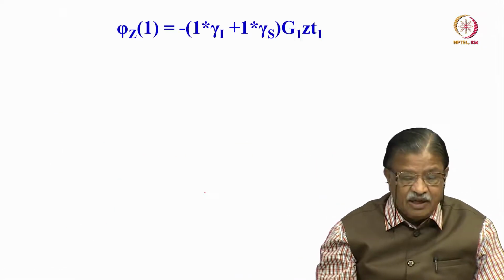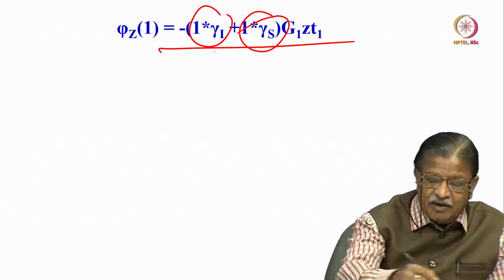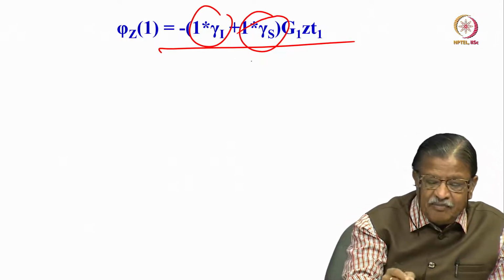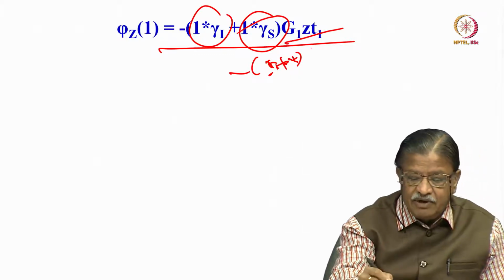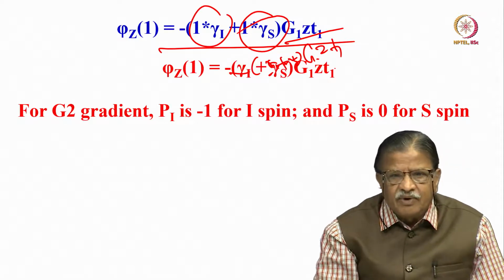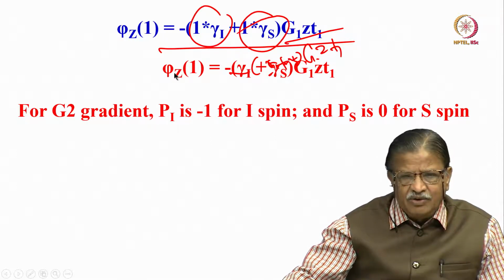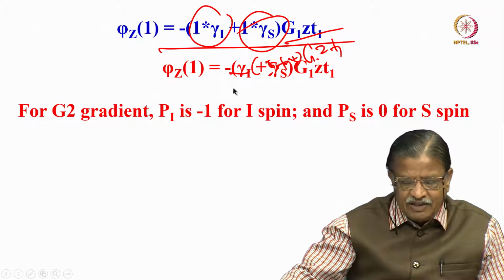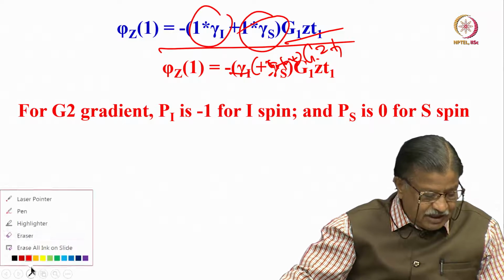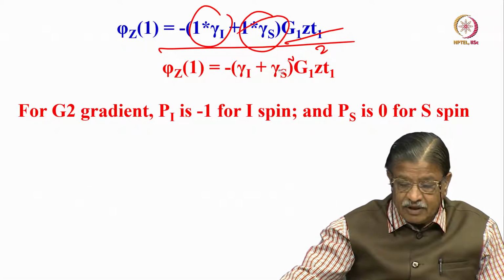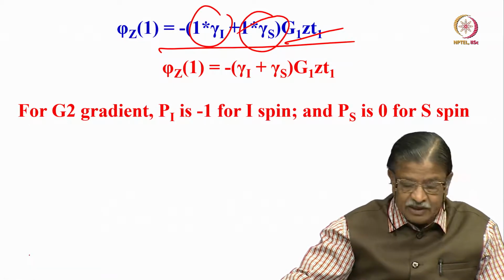Substitute in this equation, what you are going to get is minus of 1 star gamma I, 1 star gamma S. So it will remain as minus of gamma I plus gamma S into G1 Z T1. This is what you are going to get. For the phase during gradient 1, the phase turns out to be minus of gamma I plus gamma S into G1 Z T1.